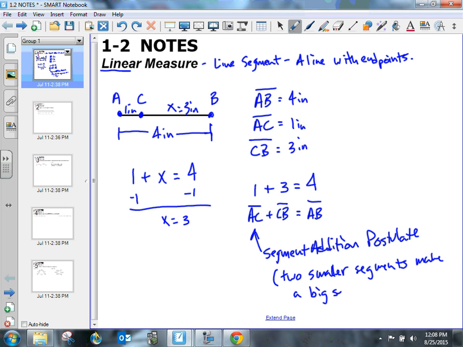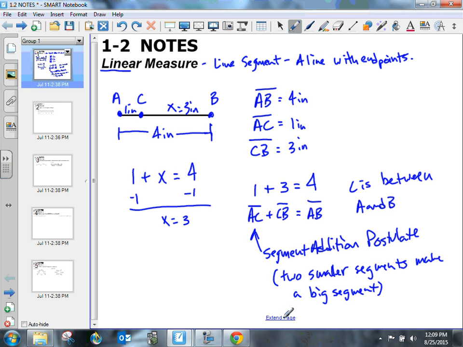This is something that we're going to do all year long. And in order for this to work, we have the initial prompt that C is between A and B. So if C is between A and B, then we can make this conclusion.